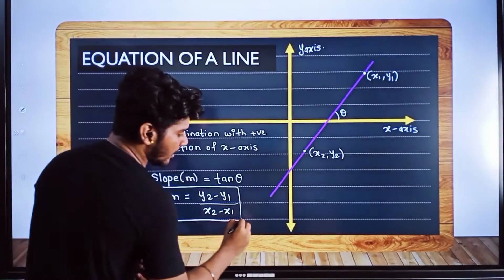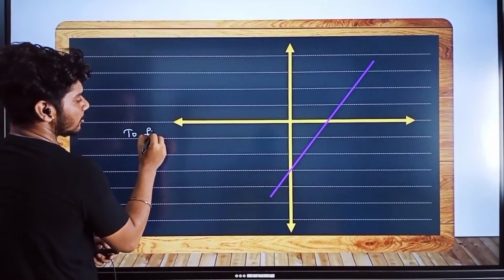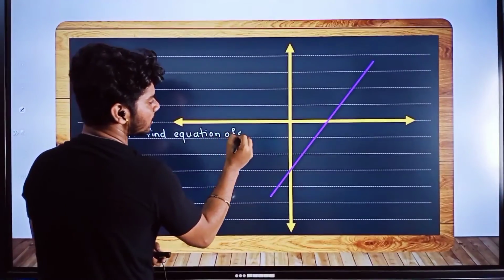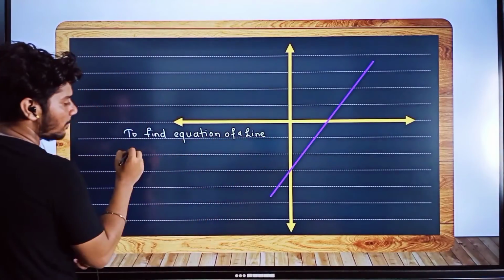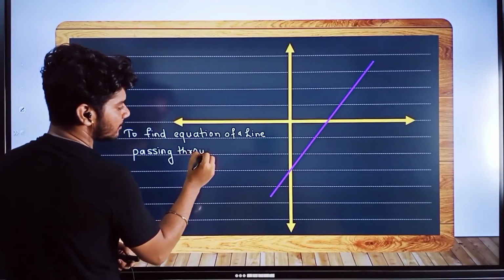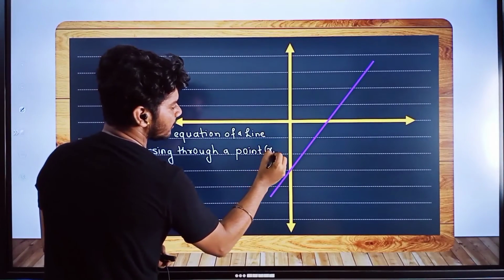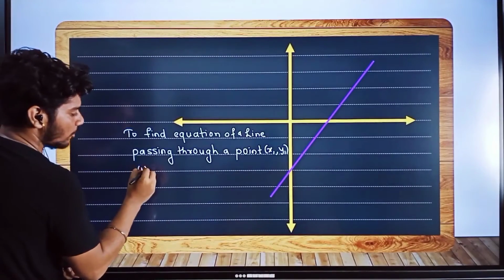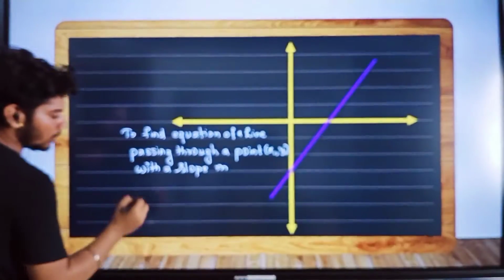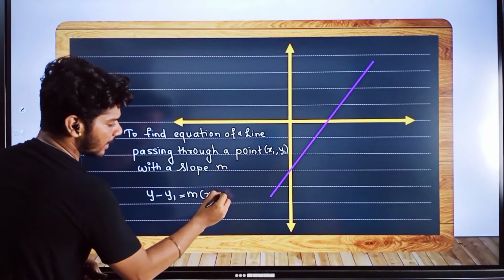Now we'll move to the equation of a line. How to find the equation of a line? To find the equation of a line passing through a point x1 y1 with a slope m, the formula is y minus y1 equal to m times (x minus x1).